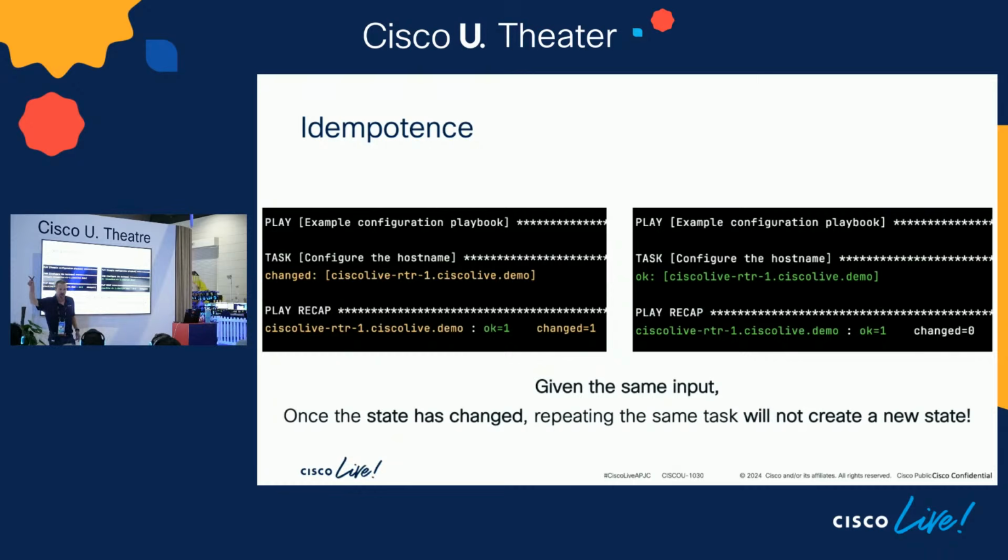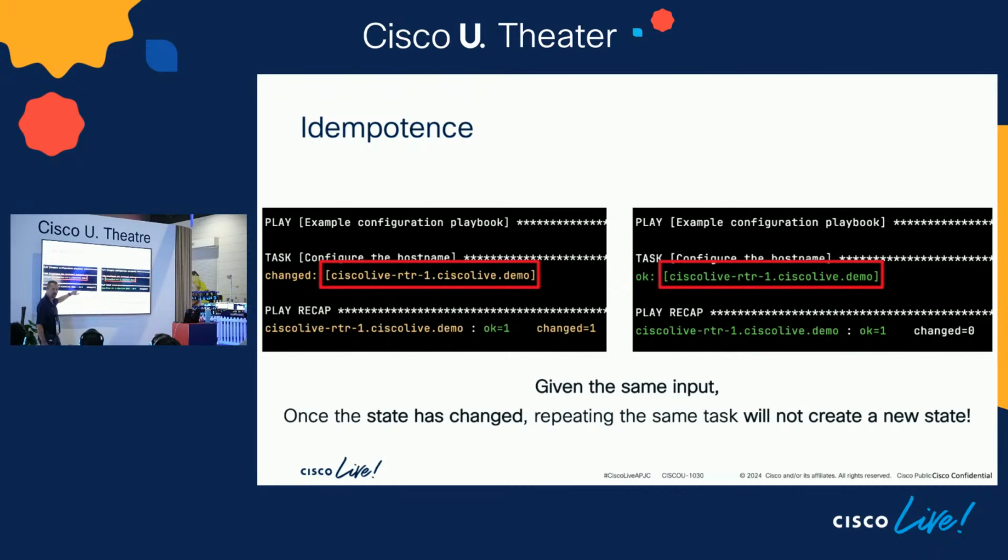So just like that elevator button, here I've got some sample output. All we did here is configure the host name. And you can see here, it ran through this play, and we wanted the host name to be Cisco Live Router 1.ciscolive.demo. You can see the output's a little bit different here.